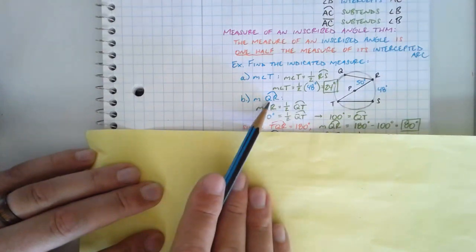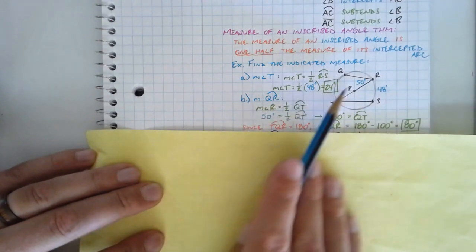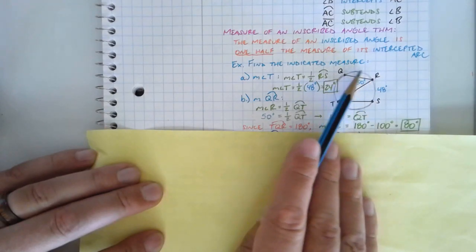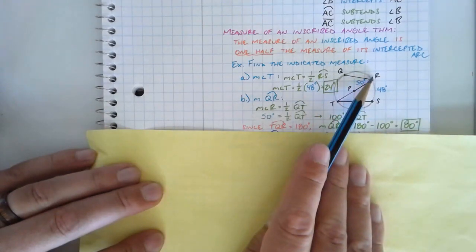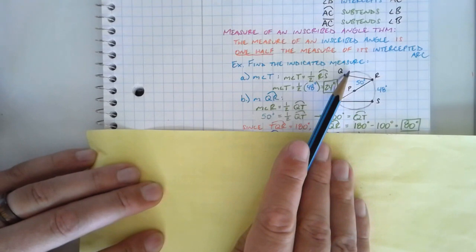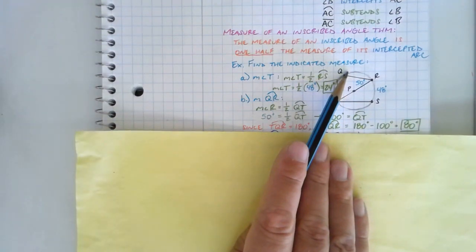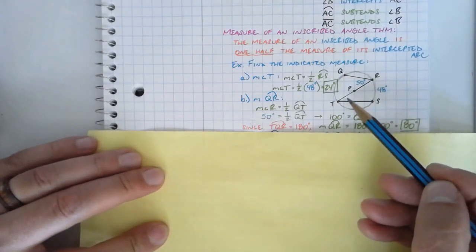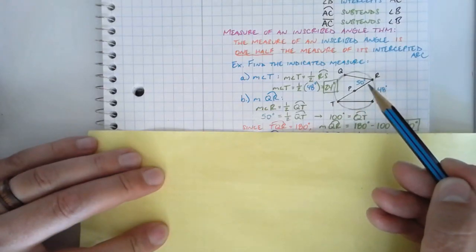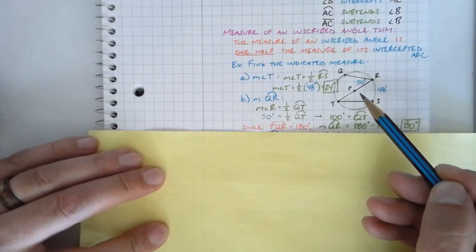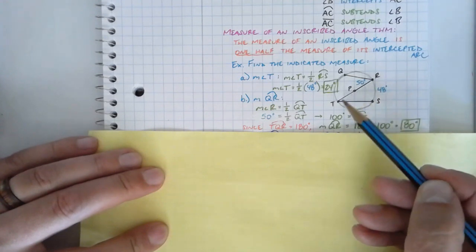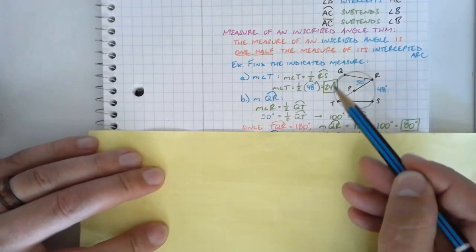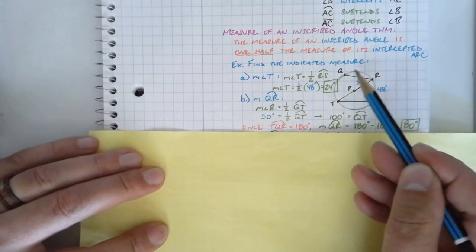In this case, they ask for the measurement of minor arc QR. Now notice that QR is not technically part of either of those inscribed angles. But the way I can go about solving for it in this diagram is that RT is a diameter because it passes through center P. Since RT is a diameter, that forces this half up here to be 180 degrees at the top of the circle.